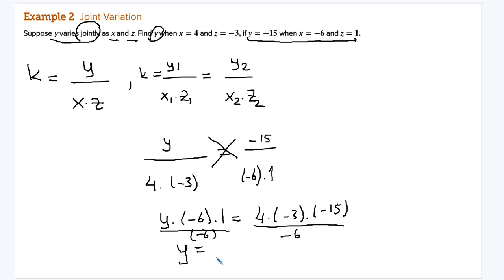I believe if you do the math, you will be able to get y is equal to -30. Okay, that's it. This is our formula. This is the proportion that we should create first, and basic math will yield us a -30. Okay, that's how it is. This lesson will be easy, don't worry.